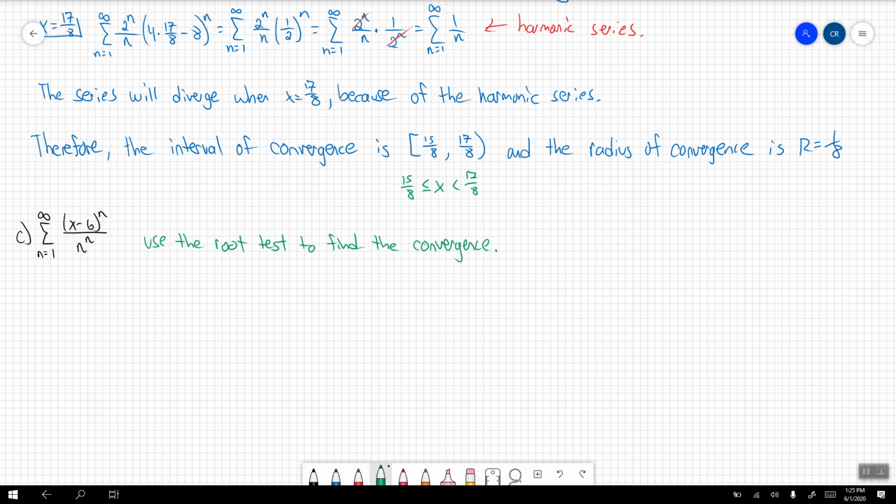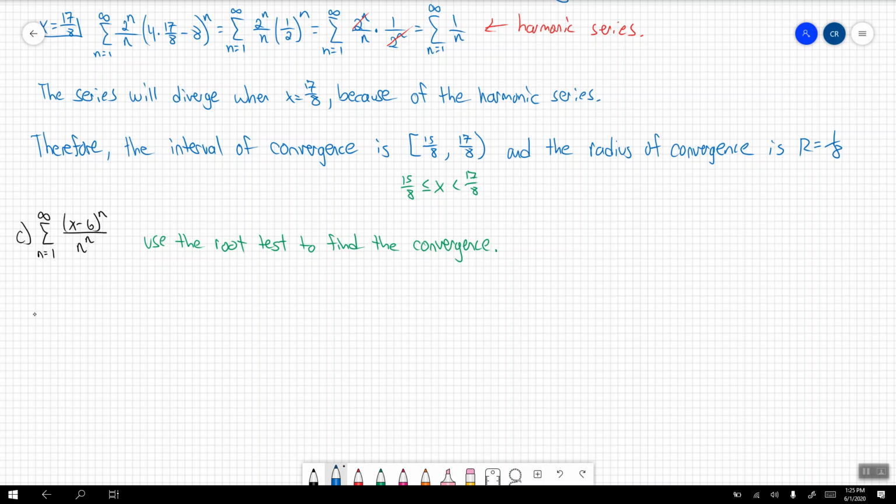That's telling me I'm either using the ratio or the root test. You are more than welcome to use either one of those tests to figure out if it's going to converge or diverge, or to find what interval it will be converging or diverging for. In this case, I want to use the root test.